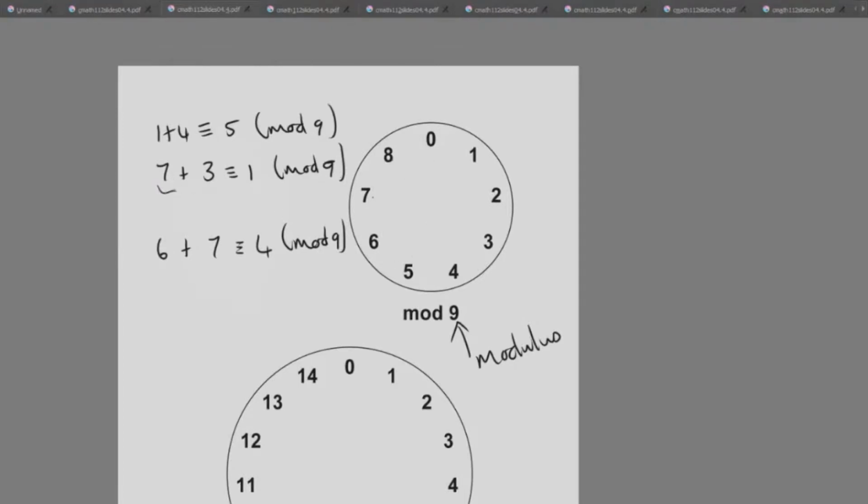So we want to understand a little better how we get to the answers here. In my normal number line counting system, 7 plus 3 will be 10, as if I start at 0 and walk 10 steps. Because I made a full loop of 9, I really only have 1 left.